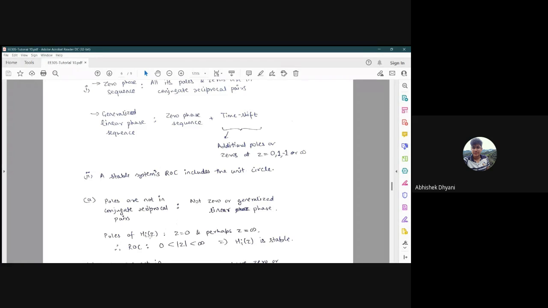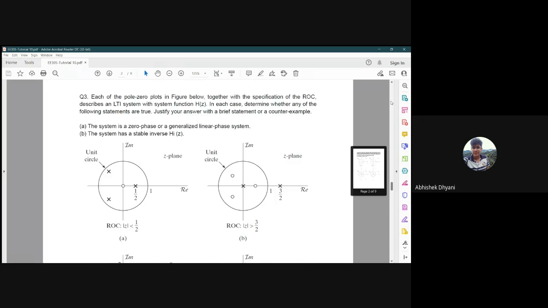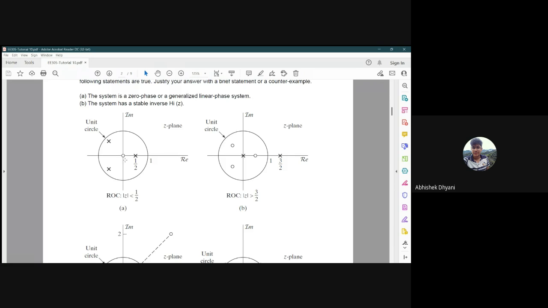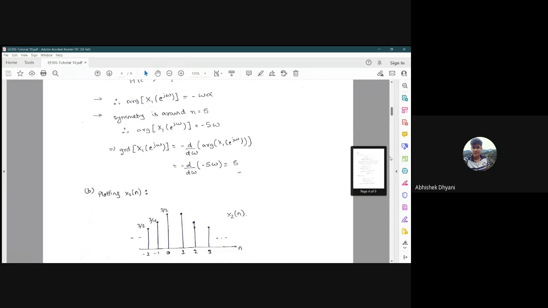Now we can calculate its H inverse of z, the inverse. So remember, when we compute the inverse, the zeros will become the poles and the poles will become the zeros, right? So that means the inverse will have a pole at z equal to 0, because you see in this diagram we have a zero at z equal to 0.